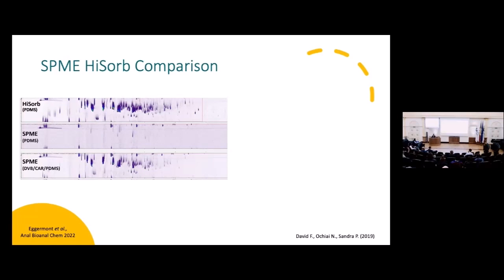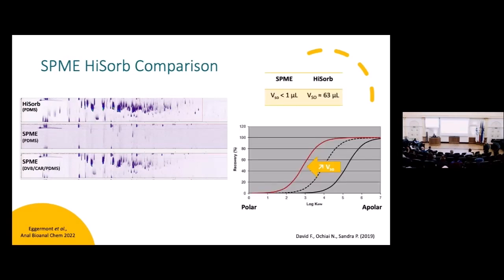And if we increase the sorbent volume, we usually increase the coverage of extraction, and so we can reach the selectivity of the SPME triphasic. This is explained by absorption theory, where we know that if you increase the sorbent volume, you shift the recovery curve toward more polar compounds.